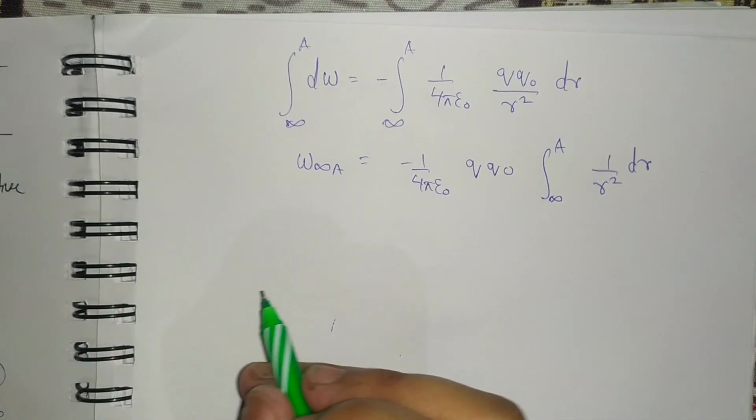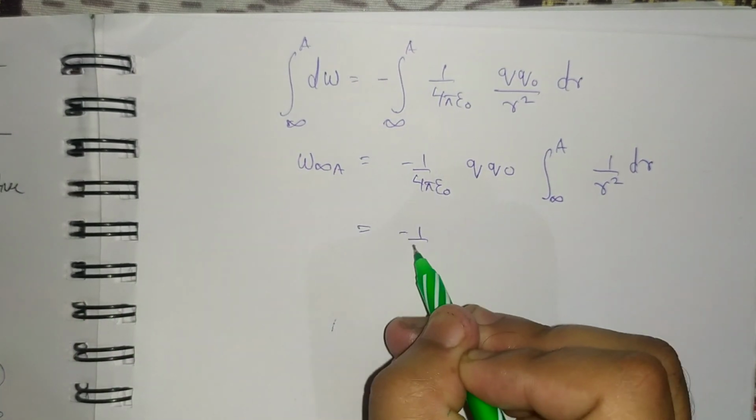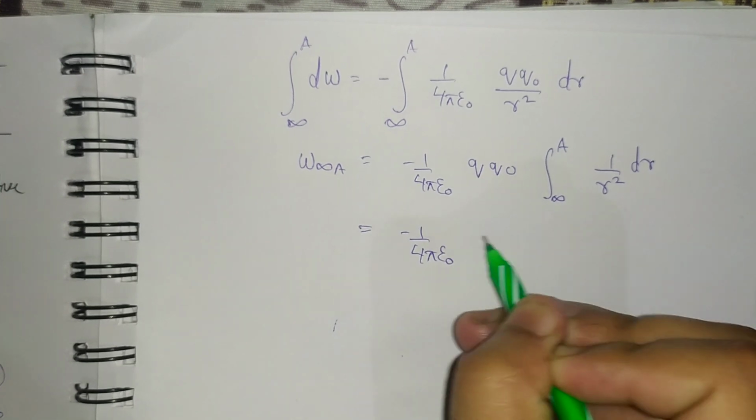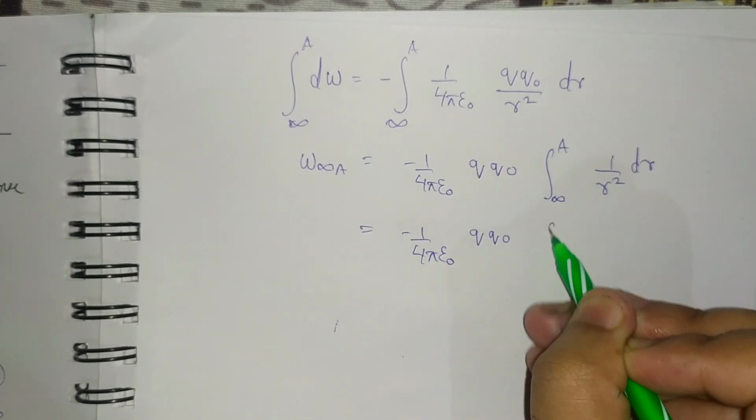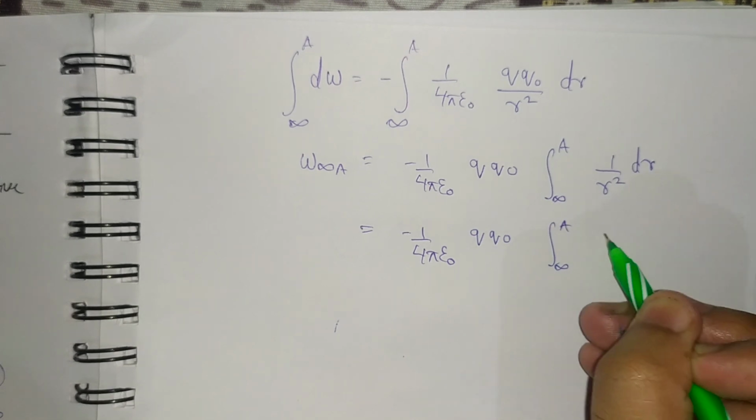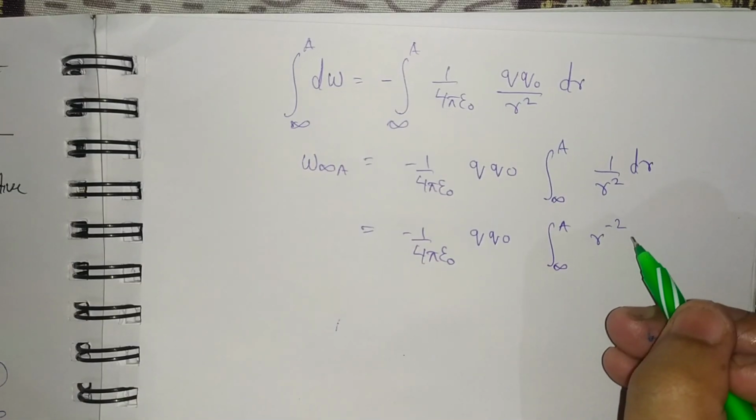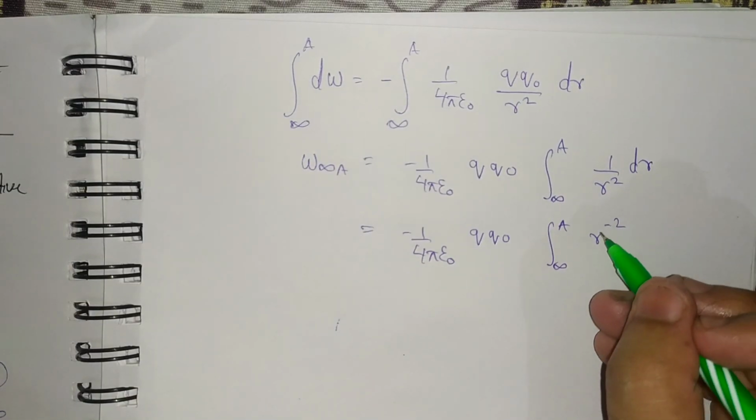We can write this as 1 upon 4 pi epsilon naught q naught, and this value of r goes upside, that is r to the power minus 2.